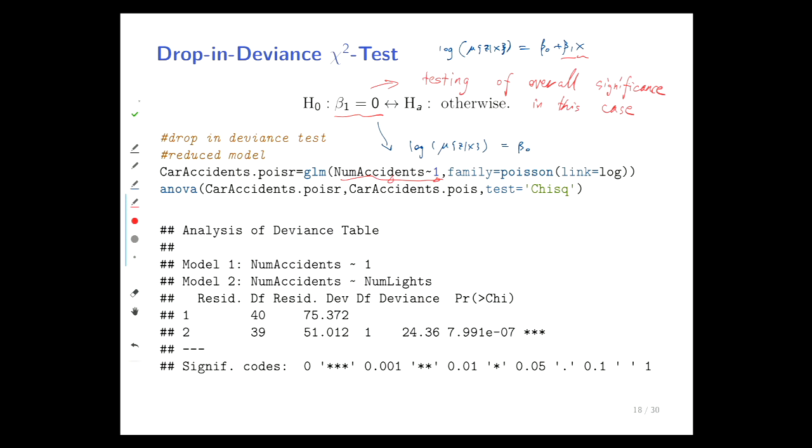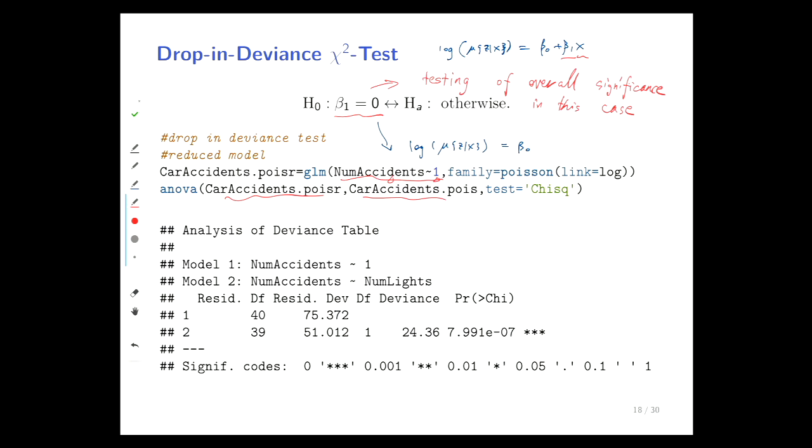And for the drop-in deviance test, the idea is just to compare the reduced model and the full model, and then look at the difference of these 2 models to construct the drop-in deviance test statistic. So here we have the deviances of these 2 models.